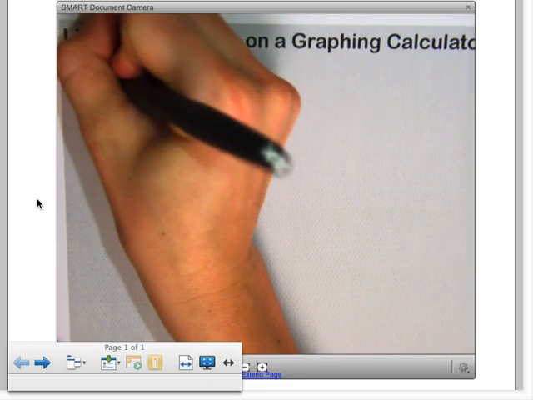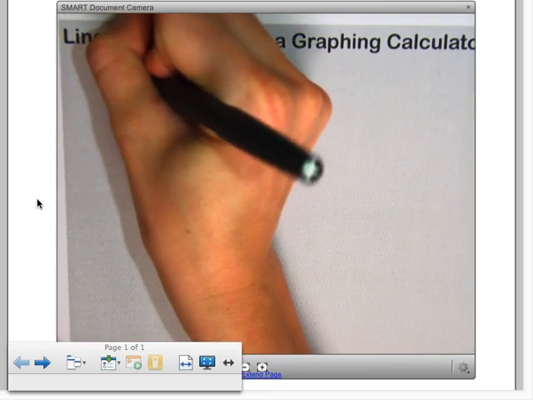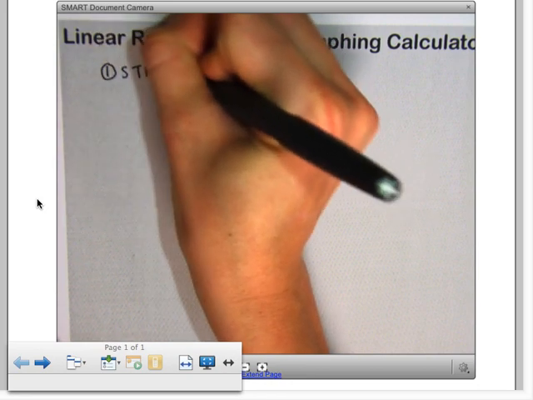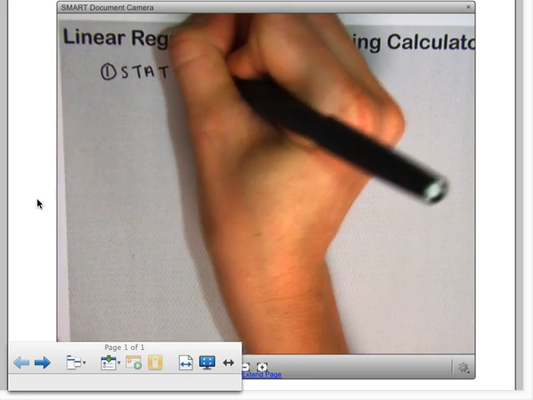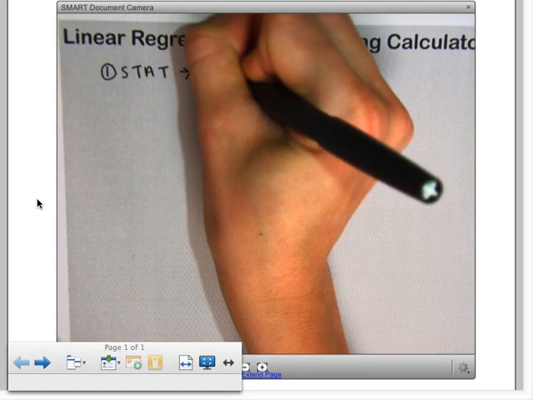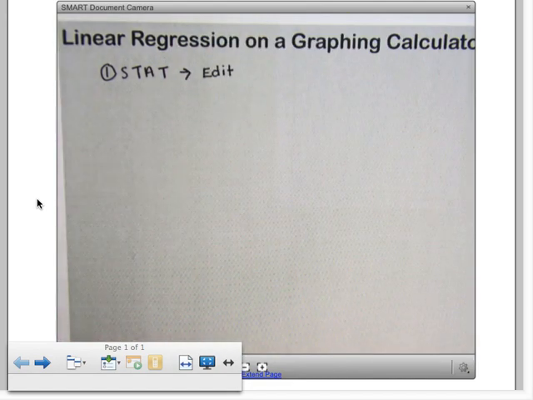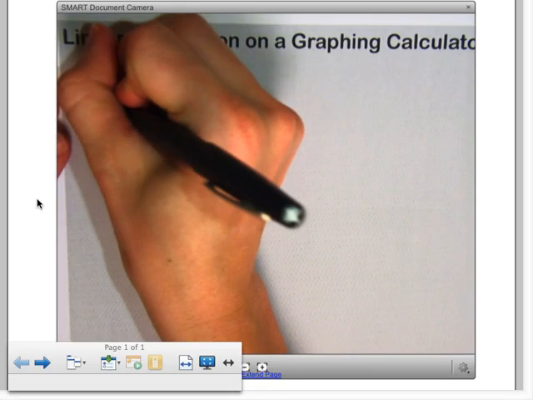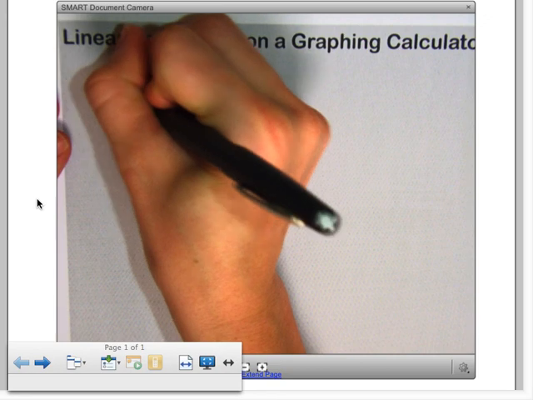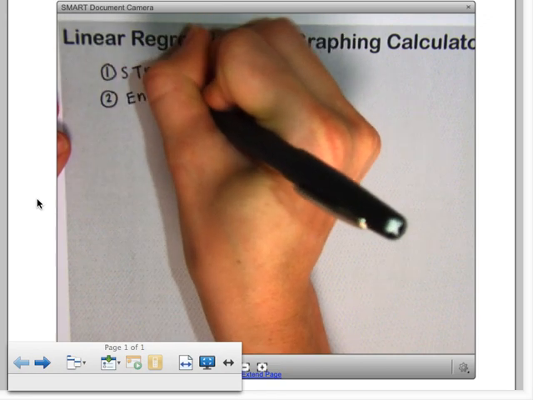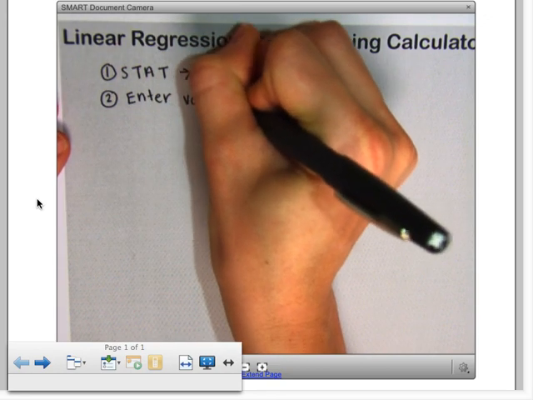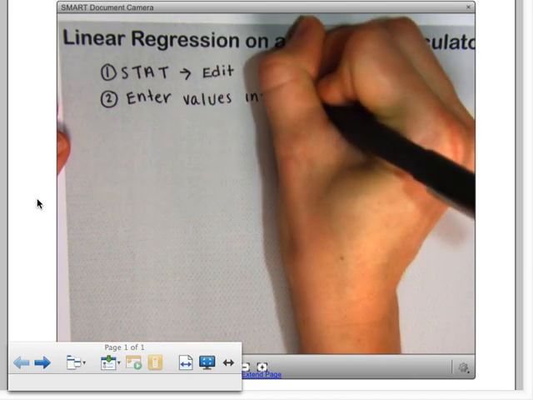So to get to list 1 and list 2, we're going to go to Stat, and then we're going to select Edit. Okay, once we get there, we're going to enter the values into L1 and L2.